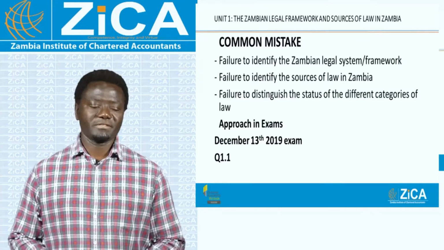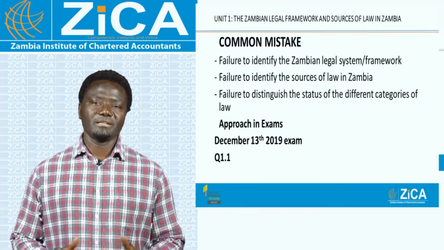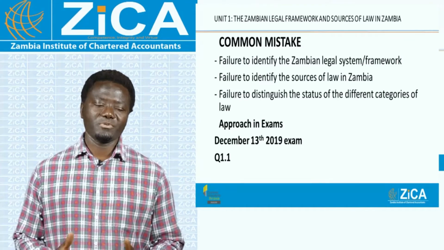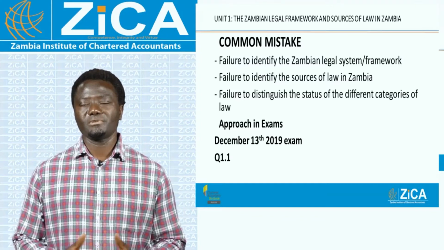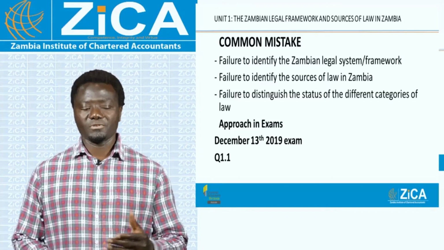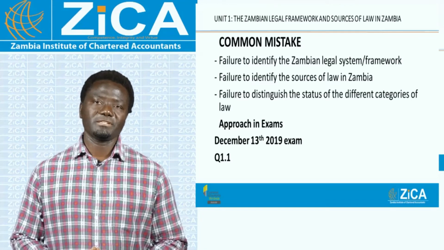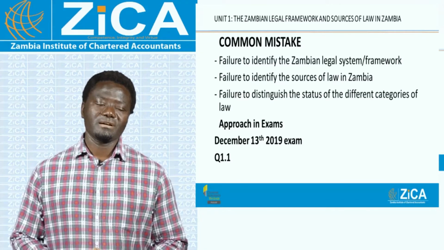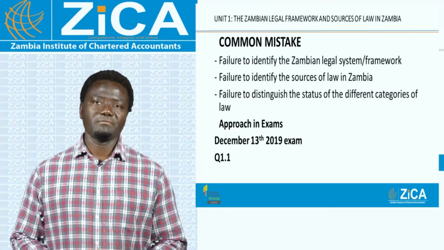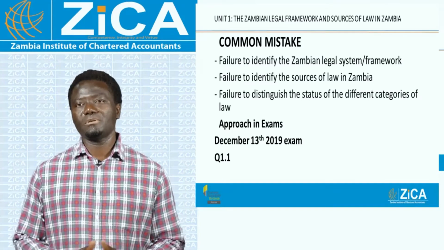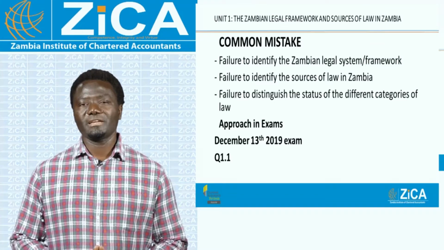From what we have said, I can give a classical example of the questions that you are going to encounter, drawn from the December 2019 paper. I pick question number 1 from there.